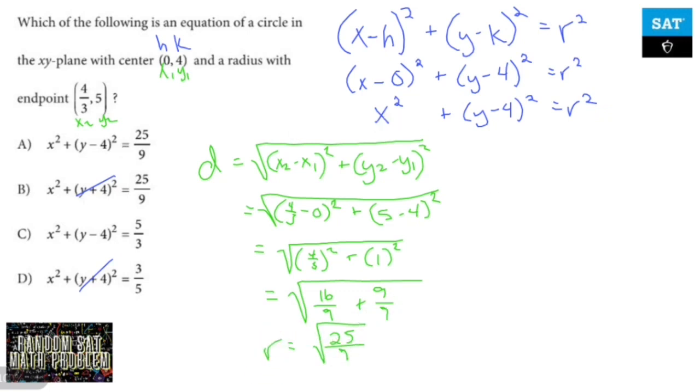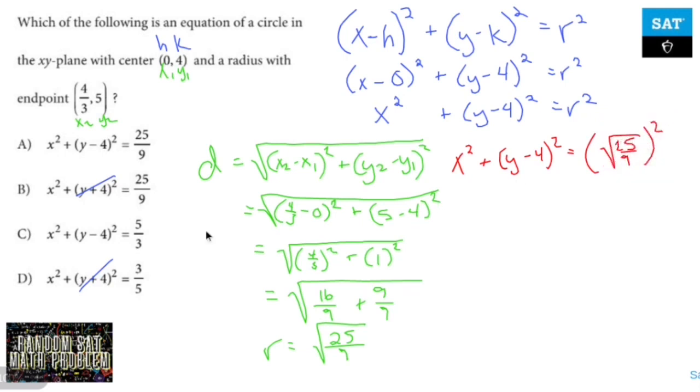If I rewrite that equation and write out everything that I'm supposed to, x squared plus (y minus 4) squared is going to equal my radius, which I found to be the square root of 25/9, squared.